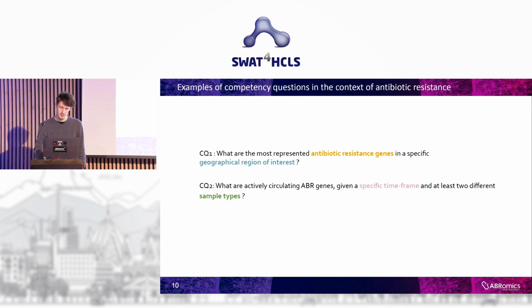So we have the notion of resistance genes and of space. The second one was: what are the actively circulating antibiotic resistance genes given a specific time frame for at least 2 different sample types? So here in the competency questions, you can see we have the notion of multimodal data, time and space.